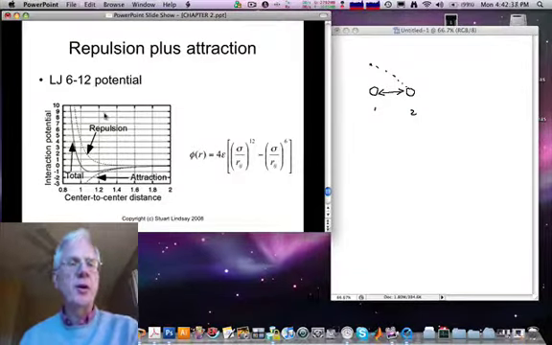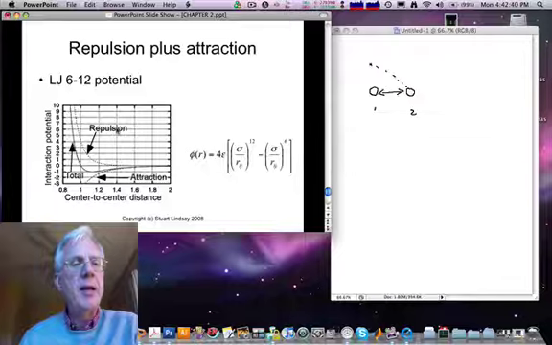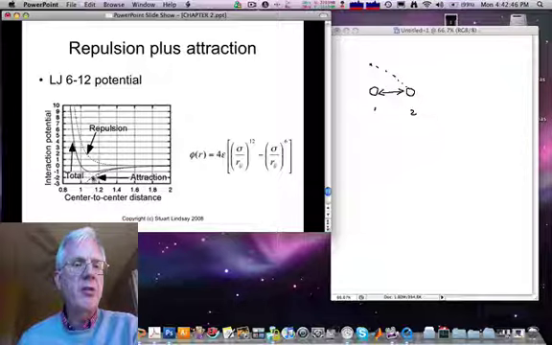and when a detailed calculation is done, a calculation that we will see again in chapter 8, you see here the attractive interaction as the electron gets closer to the second proton.